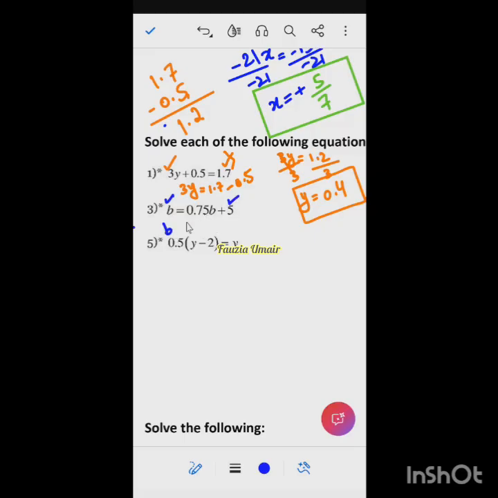So if you take this 0.75b on the other side of the equation, it would be minus 0.75b. Right? ये plus था ना, on the other side of the equation it would be minus, is equal to 5.